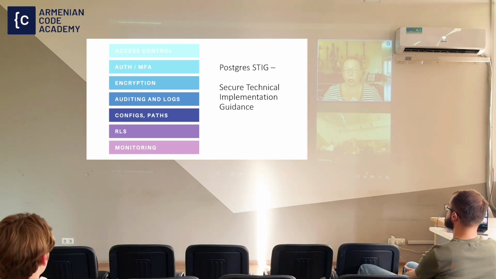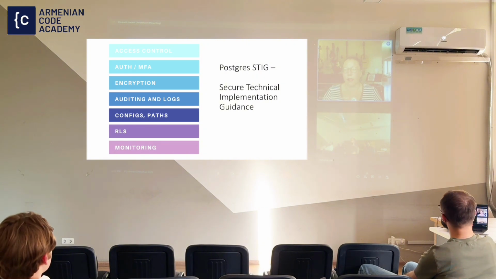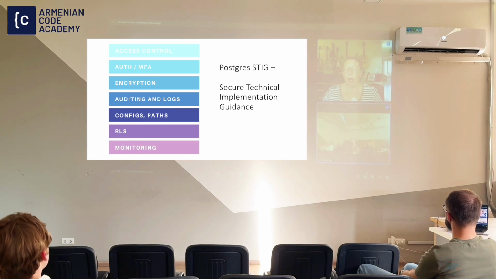And Crunchy Data partners with the Department of Defense to write the Postgres STIG. And it's very similar to the CIS benchmark. It goes through all of the things that I've talked about, like access control, encryption, row-level security, things that you should have in place for monitoring, things that you should have in place for auditing. That's also open and freely available if you want to read through the Postgres STIG. It's something you can download and read.